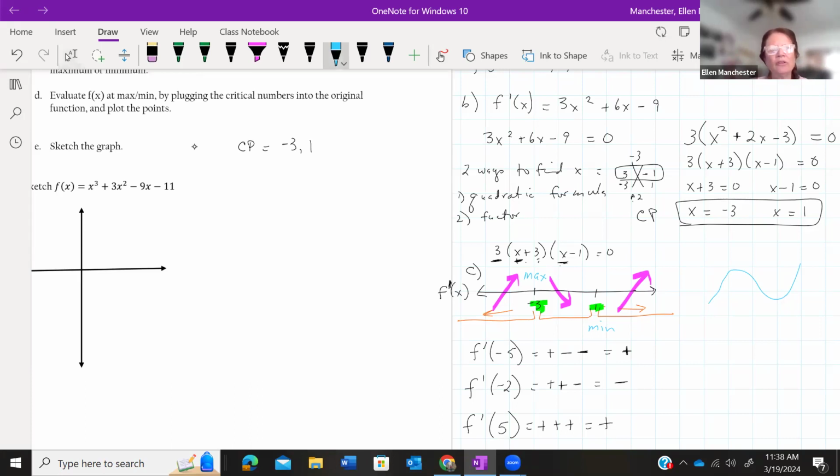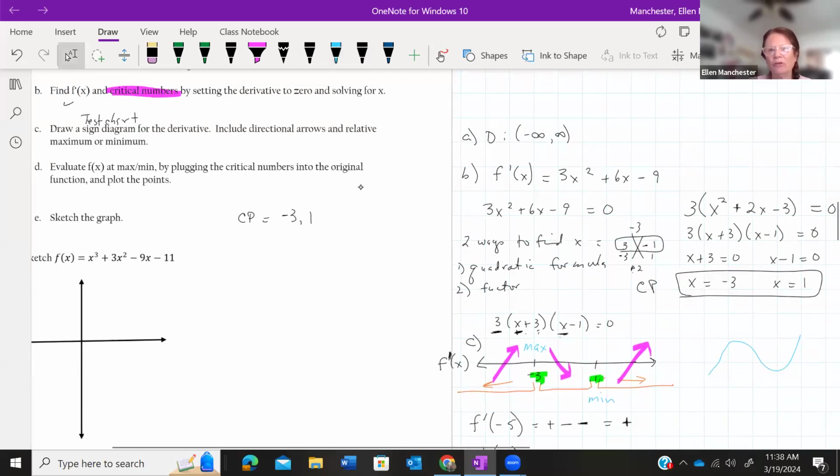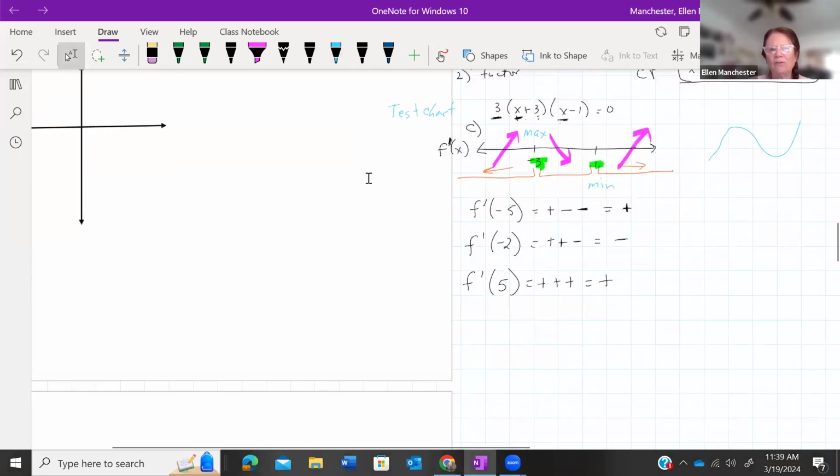Okay, all right, so the next step is we have to evaluate. So we have our domain, we have our derivative, we have our test chart, and now we're going to evaluate. Because we know we have a max and a min, we just don't know where they are on the graph. So far we know we have a max at -3 something, and we have a minimum at 1 something.